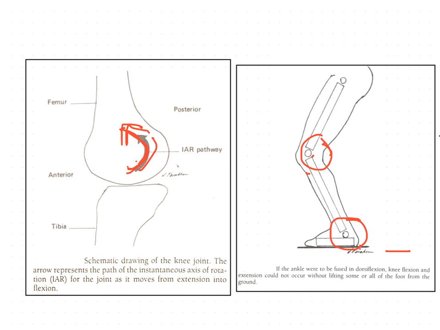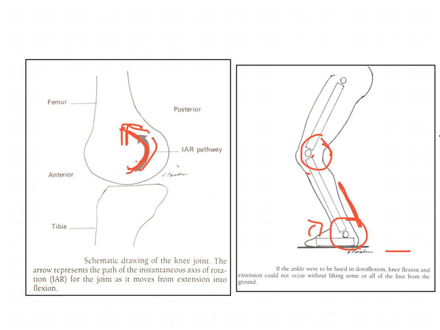For example, a limitation of ankle dorsiflexion. That means the dorsiflexion is limited due to tight plantar flexors, which are present on the posterior aspect. What is going to happen? This prevents the knee from being flexed.